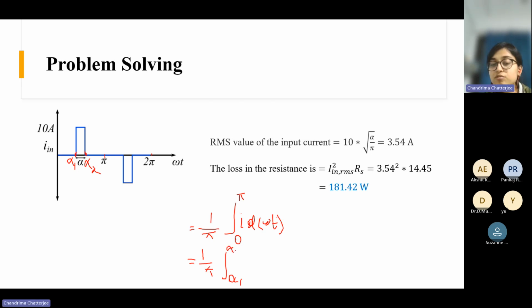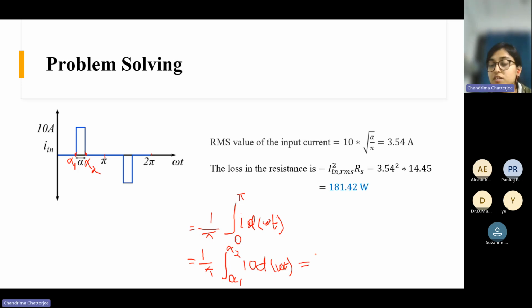What is the current? We have assumed a square wave, so the I value is 10. During this duration, you have a constant 10 ampere current. So 10 times d omega t.